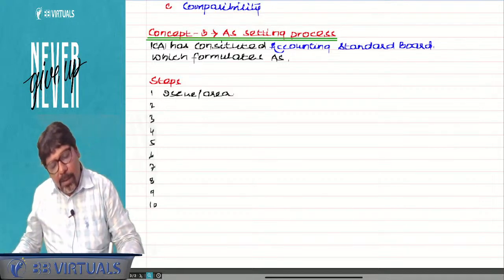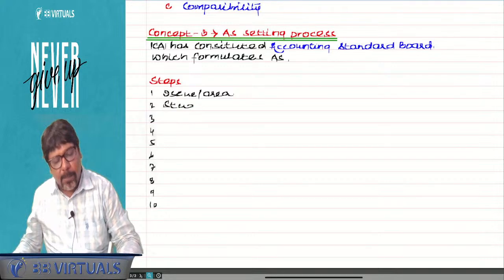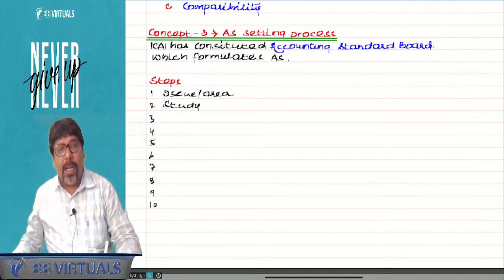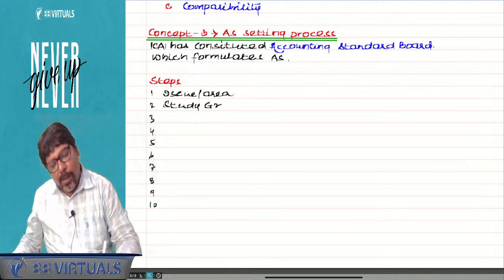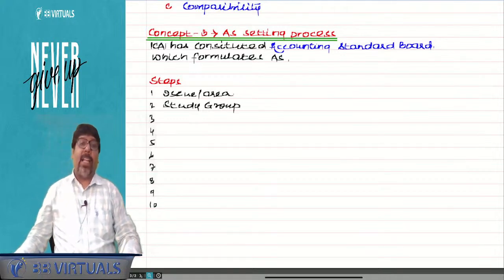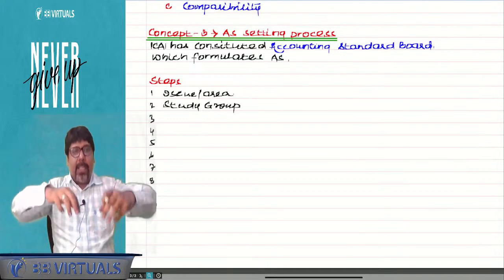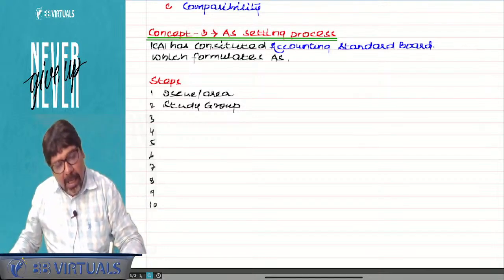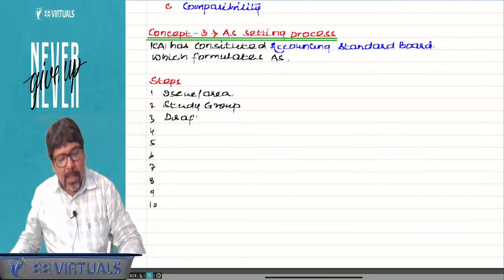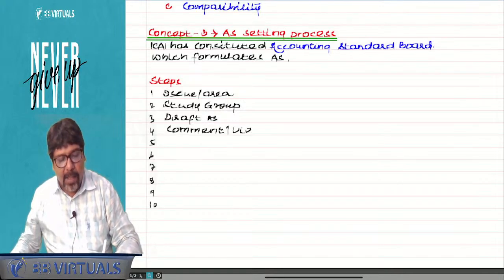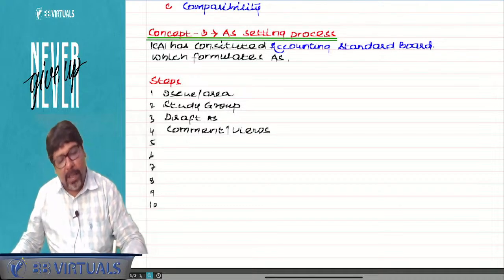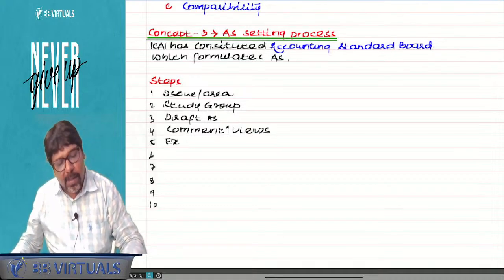Then they constitute a study group who would review the area. This study group would study this area and create a draft AS. Then there are comments and views. After incorporating comments and views, there is the exposure draft.